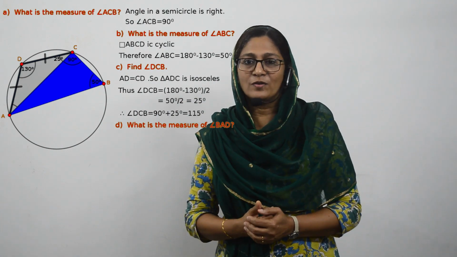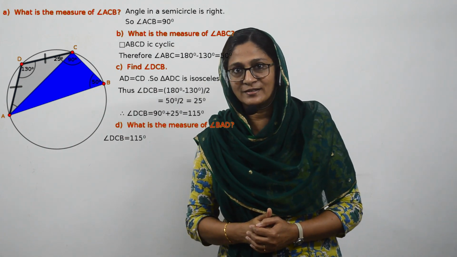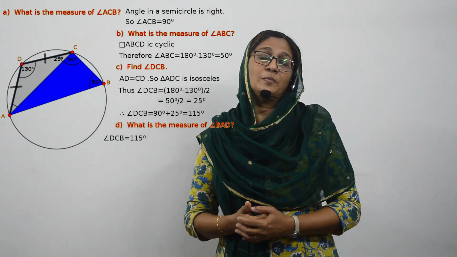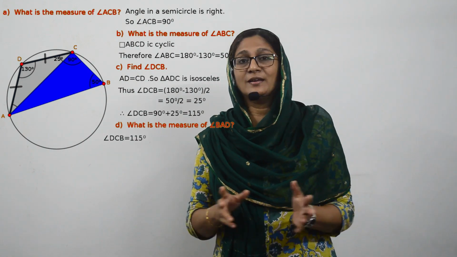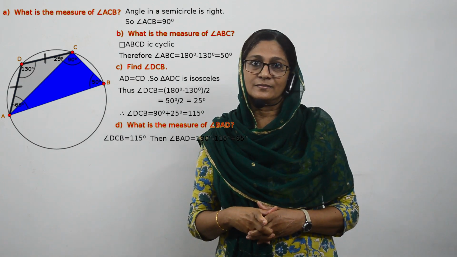Just now, we have got that angle DCB is 115 degrees. So angle BAD will be 180 minus 115, that is 65 degrees. Why don't you try to do the other questions in your textbook based on these results?